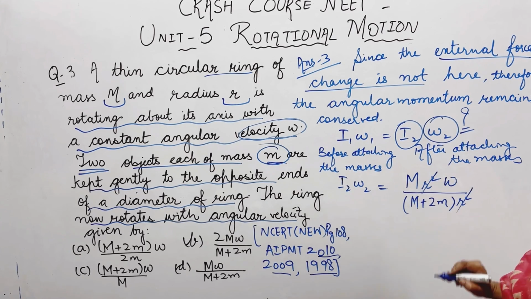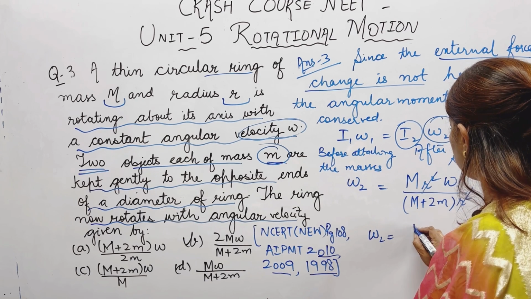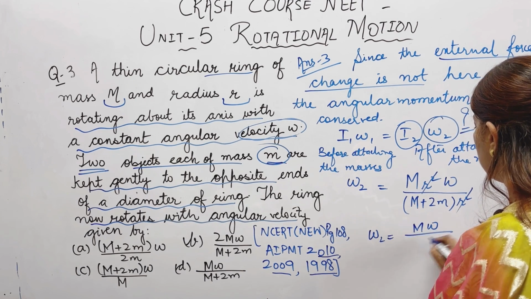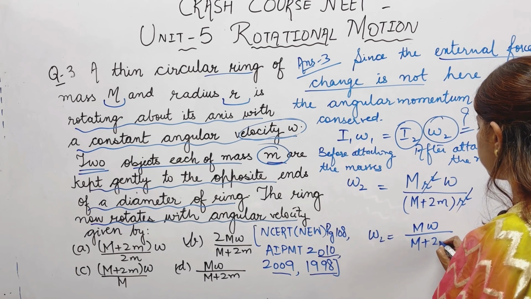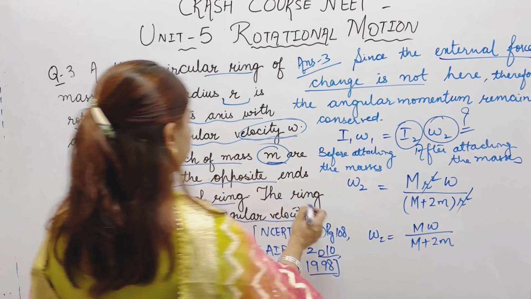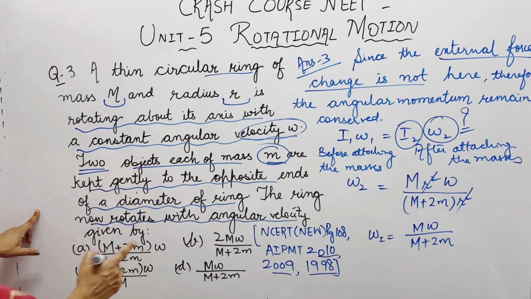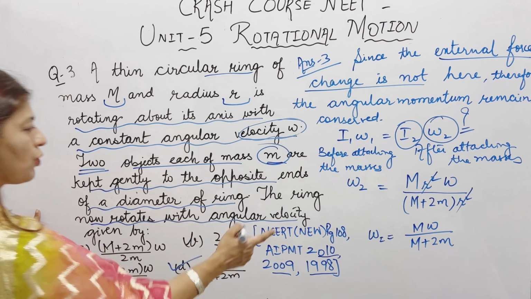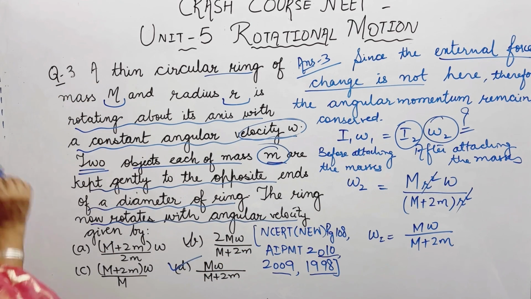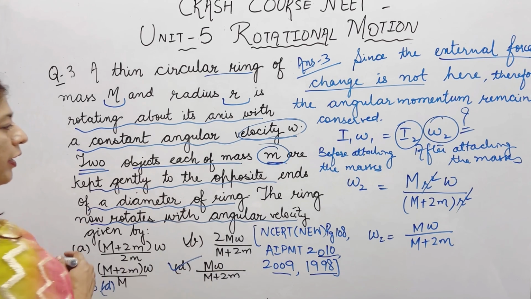Now r square cancels with r square, and omega 2 is equal to M omega upon M plus 2m. So this is how we have calculated the angular velocity. And if we look at the options, option number D goes with our result. So the answer for the third is D option, M omega upon M plus 2m.